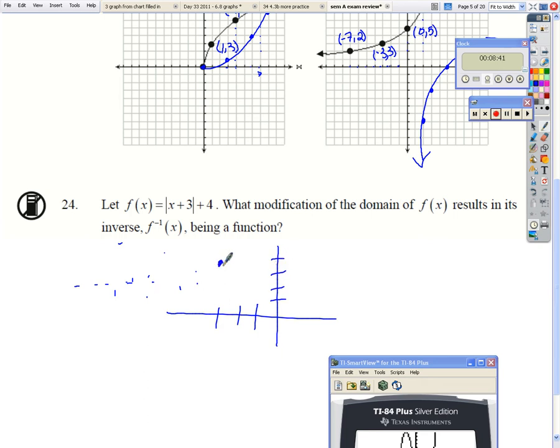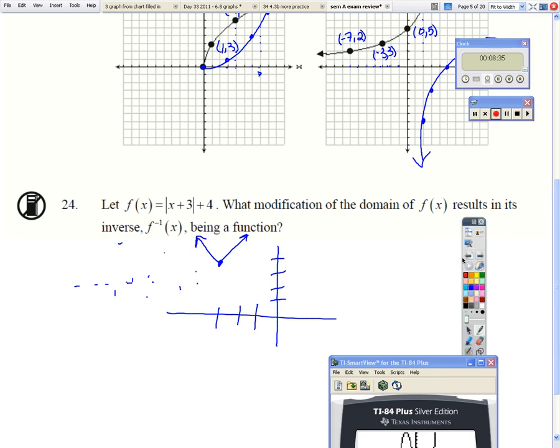So the vertex is at negative 3, 4. So to make this graph a function, we need to restrict half of it, to make the inverse a function. So I could say there's two possible answers. Either x needs to be greater than or equal to negative 3, or x could be less than or equal to negative 3. Both answers are correct.